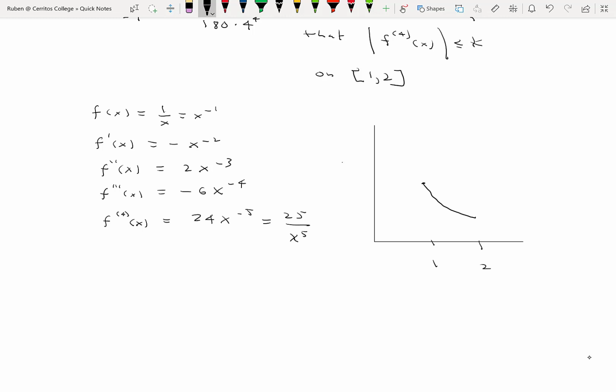It's not going to be to good scale here, but that's okay. At x equals 1, the absolute value of my 4th derivative is 25. And of course, this is not to scale at all, so I apologize. And at 2, we have 25 over 2 to the 5th.